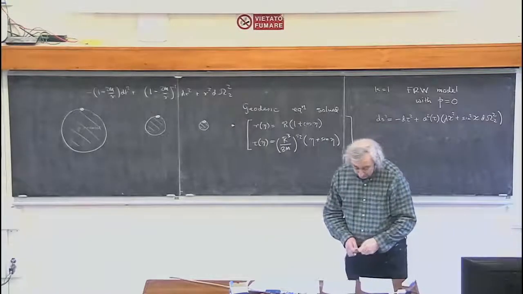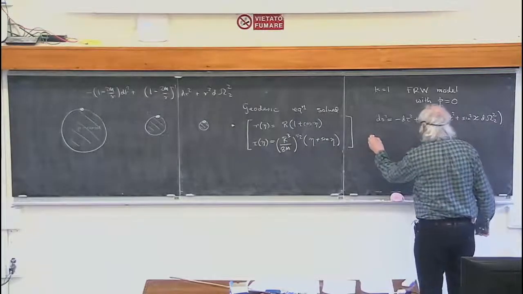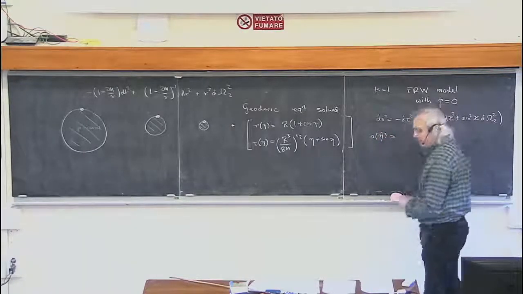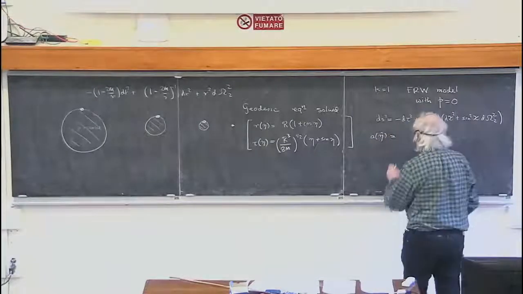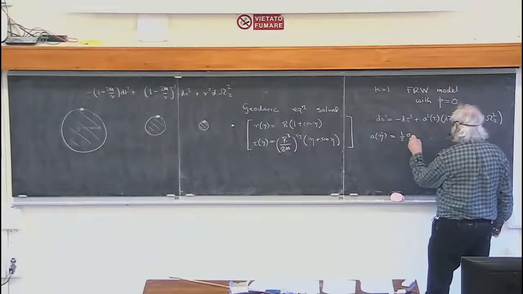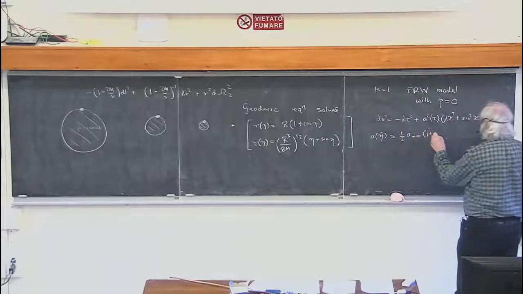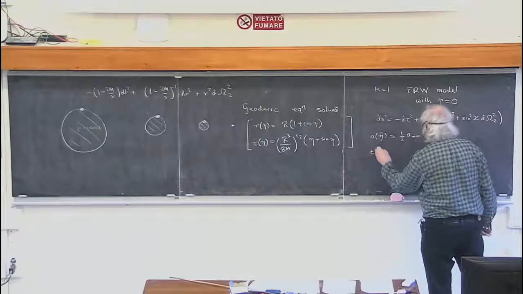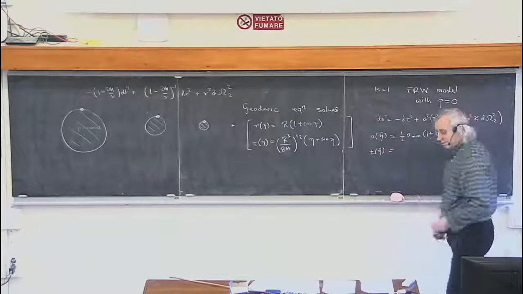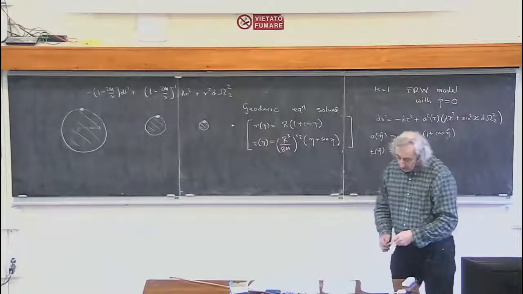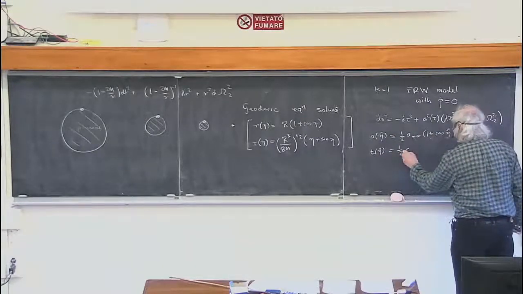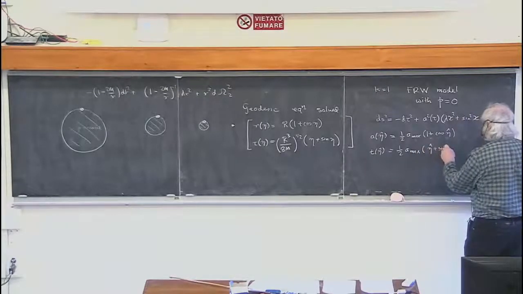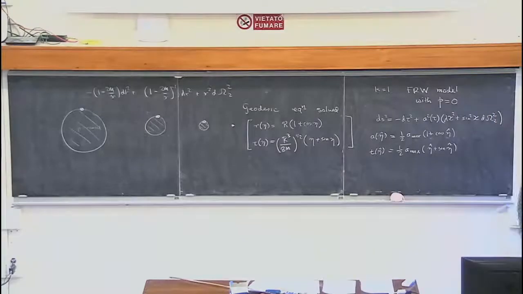you will be able to write down how a of tau behaves, and you will discover that a of eta hat is equal to some a max into 1 plus cos of eta hat, and t of eta hat, I should have an eta on it, is equal to half of A max into eta hat plus sine eta hat when we look in the collapsing phase.